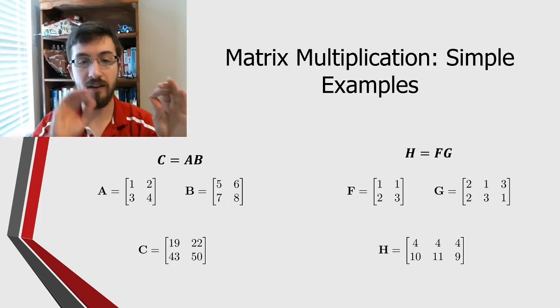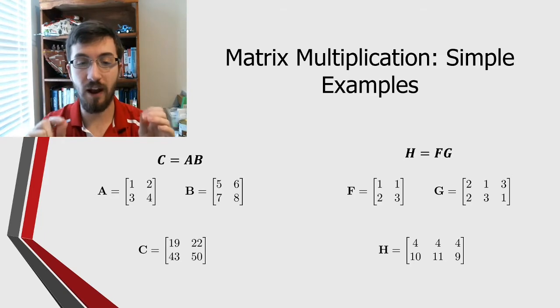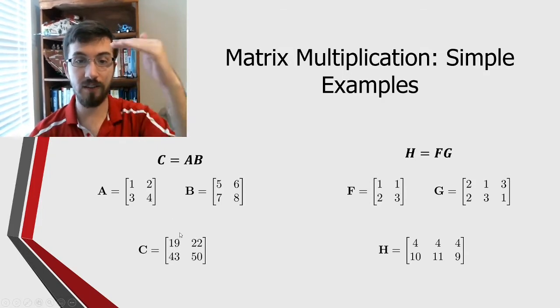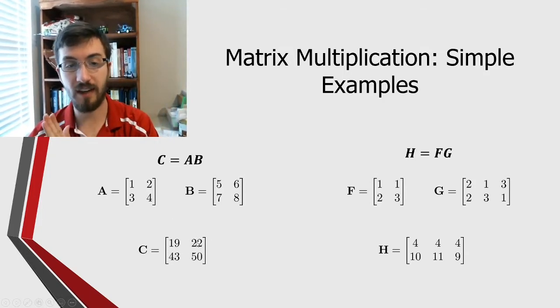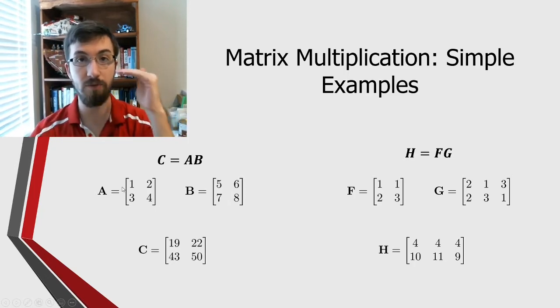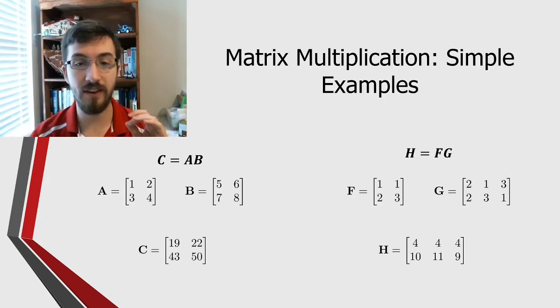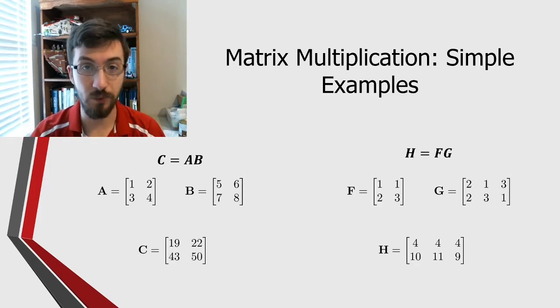So 1 times 5 is 5, plus 2 times 7, 5 plus 14 is 19. All right, now this one, this is the first row, the second column. So we again do the first row of matrix A and the second column of matrix B. So 1 times 6 plus 2 times 8. So that's 6 plus 16 is 22.